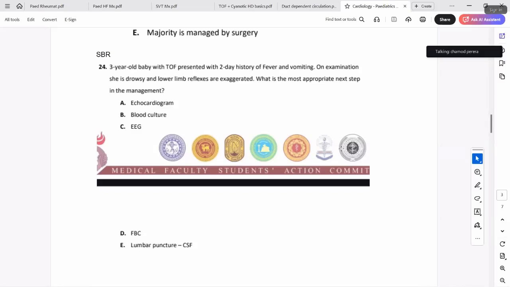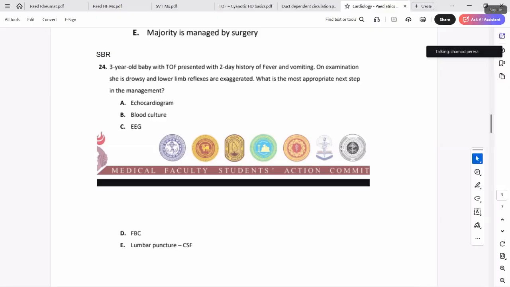Also, on top of that, this child is having fever and vomiting. Because of the vomiting, they get dehydrated. So because of this, the blood viscosity is going to increase further, right? Therefore, they are more prone to thrombosis.